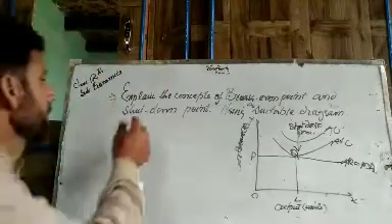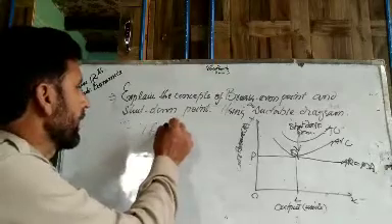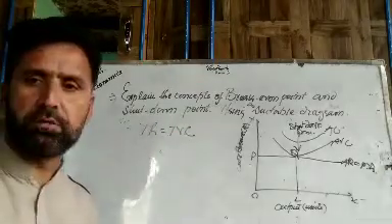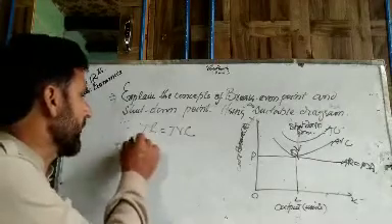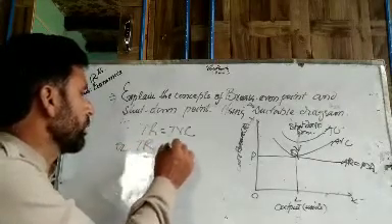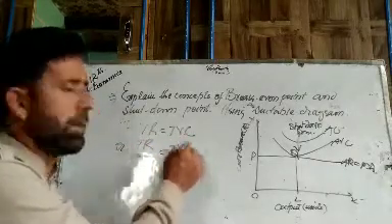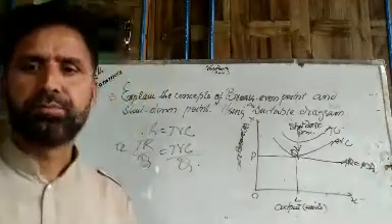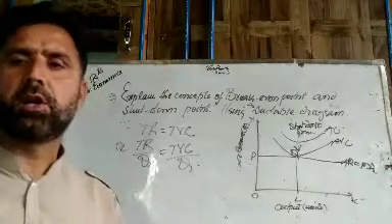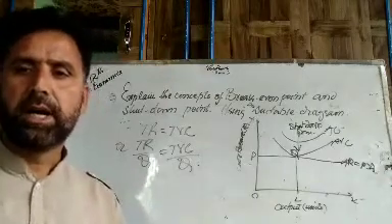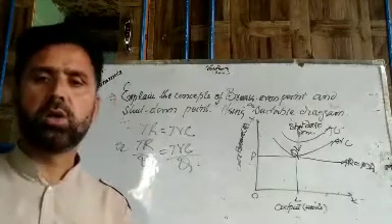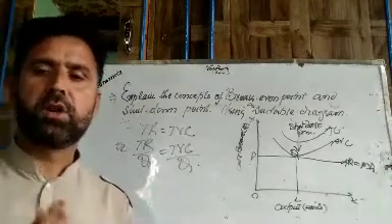In the shutdown point, total revenue is equal to total variable cost, or total revenue upon Q is equal to total variable cost upon Q. So dear students, AR is equal to AVC. Here the firm is incurring a loss of fixed costs.